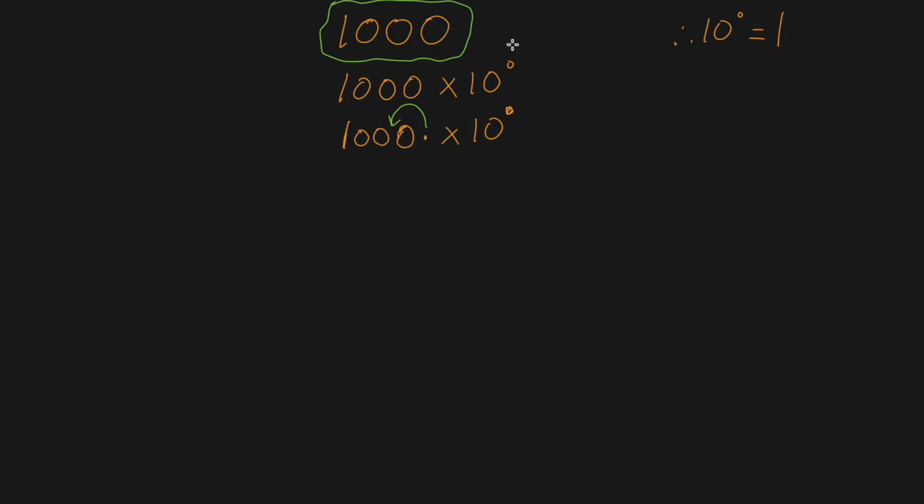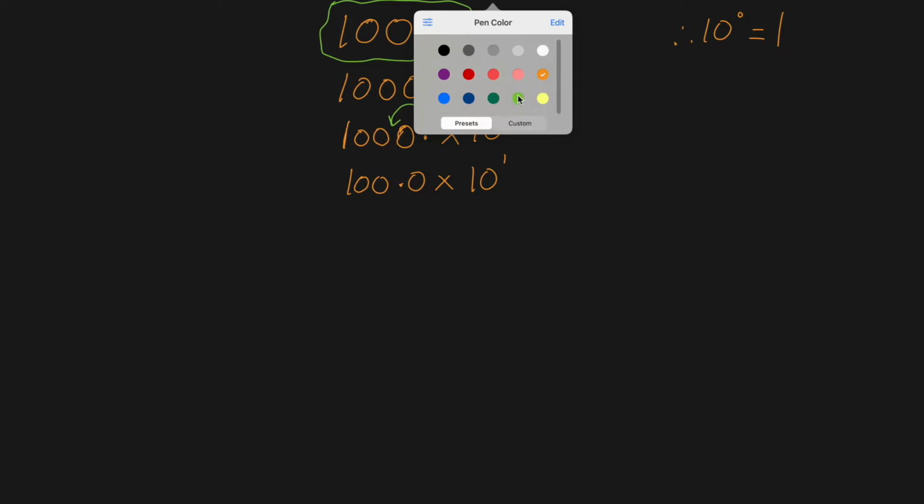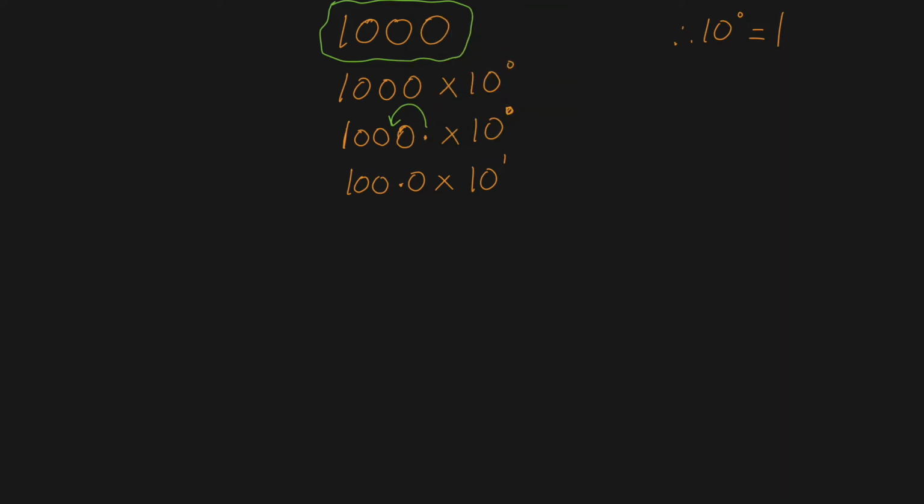Here I have pushed the decimal point to the left, and then we have 100.0 with 10 to the power 1. Again shifting to the left, and again shifting to the left.